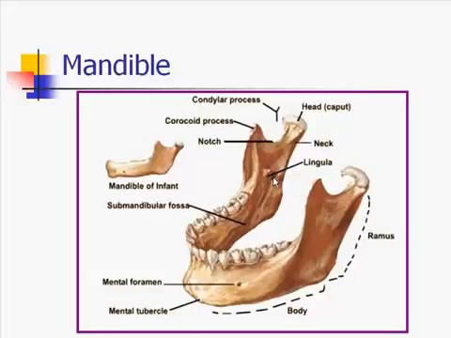So again, the lingula, the bony projection, is associated with attachment for a ligament for the TMJ. The mandibular canal is where the inferior alveolar nerve enters, and it travels in this mandibular canal right in here.